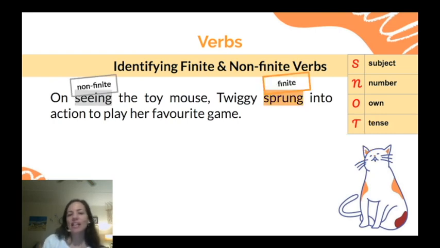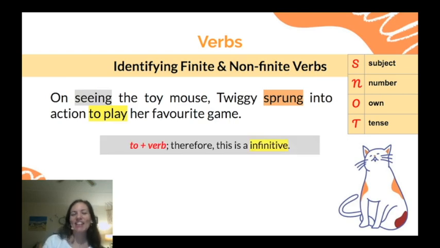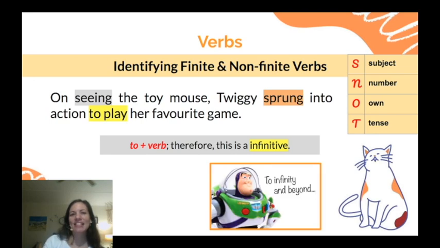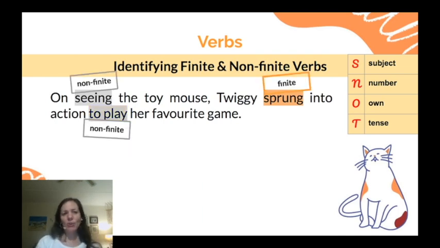So let's see if there's another verb that we can find. "Twiggy sprung into action to play her favorite game." Let's look at to play. Can you remember what to play would be called? Right, it's an infinitive because of my Buzz Lightyear, to infinity and beyond. So try not to forget that. Do you see that in this sentence, I've actually got two non-finite verbs and only one finite verb, and that's fine.